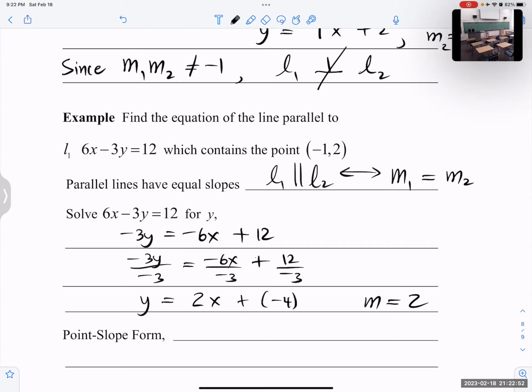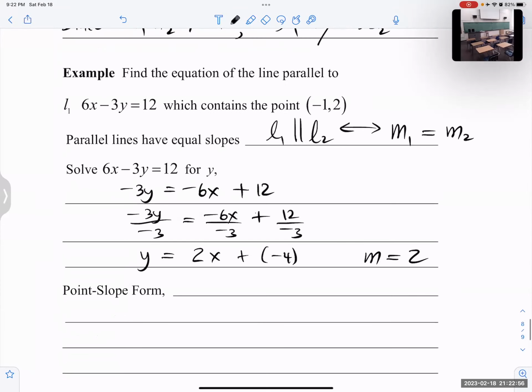So the parallel line has the same slope of 2 and contains a point of negative 1, 2. To get the equation in point slope form, which is y minus y1 equals the slope times x minus x1, we use the slope of 2, m is 2, and we'll use the given point.